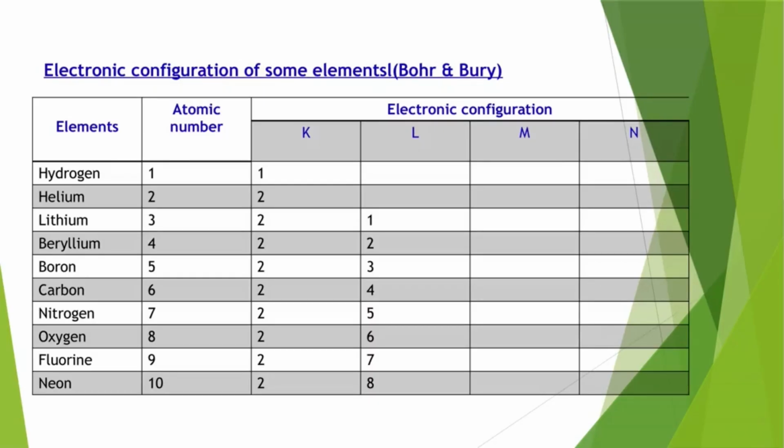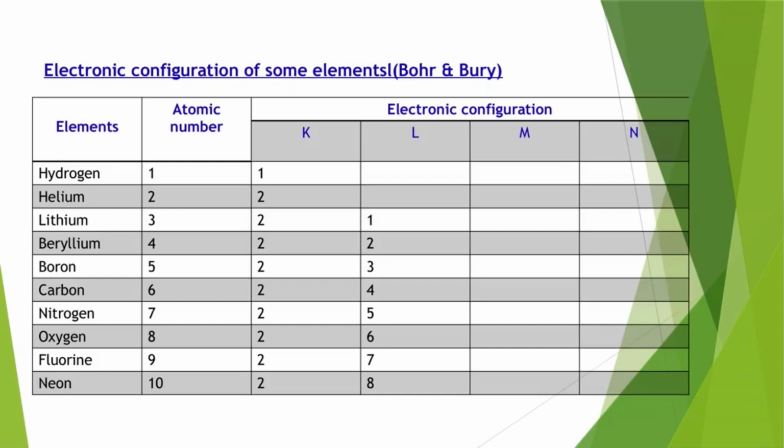Yesterday we started with the electronic configuration on the basis of shells. The electronic configuration of some elements is shown in this table. Hydrogen, atomic number 1, has only one electron, placed in the K shell.